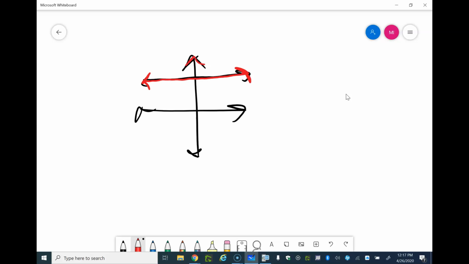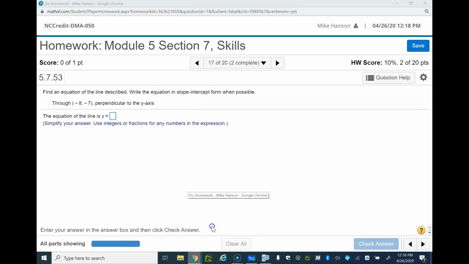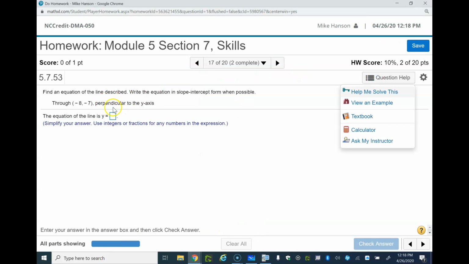So this is the y-axis, and the line runs here. In order for it to be here, it needs to be in some kind of y equals form to be parallel to the y-axis. I'm sorry, perpendicular to the y-axis.